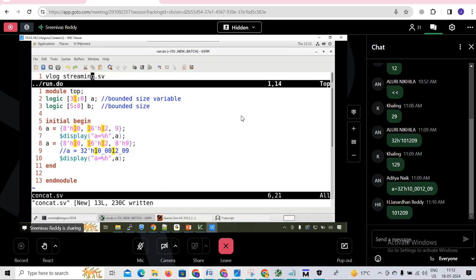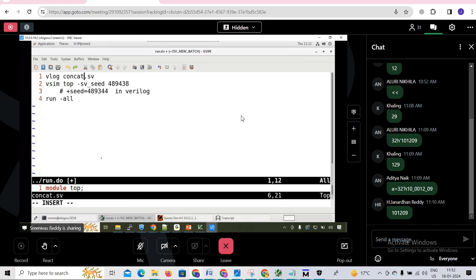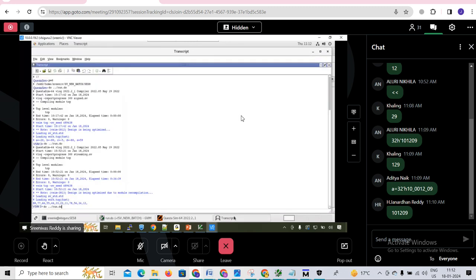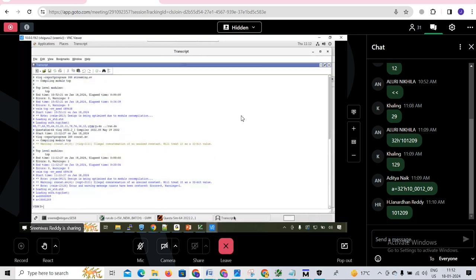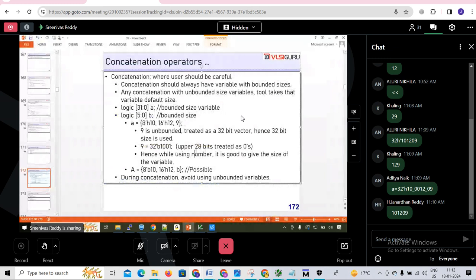So to run this, in one case, all zeros in the end, 9. Second case, 1 0 0 0 0 1 2 0 9. Got it right? So that is about it. See, 9 is unbounded, treated as a 32-bit vector.